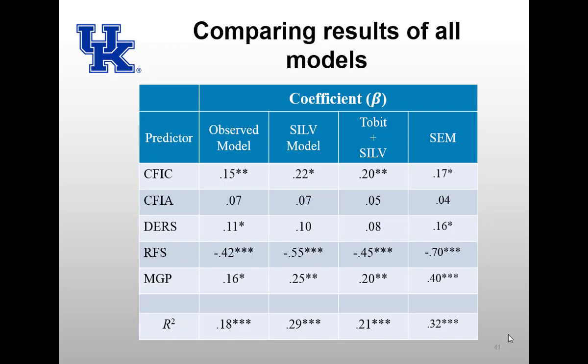And also, some of the values jump out at you. The standardized regression coefficient for RFS is substantially stronger in the SEM model. And that is generally observed in the literature, that SEM models are not only more accurate, but they're also more powerful and tend to show larger effect sizes because of their additional accuracy.